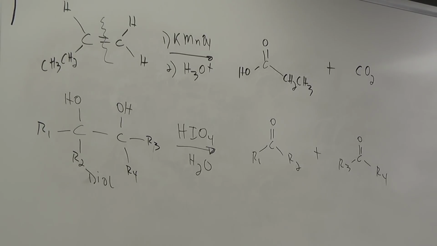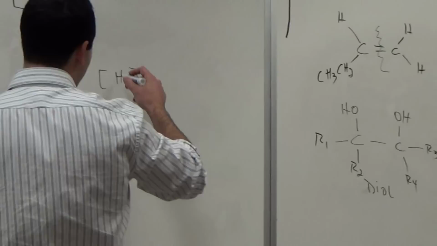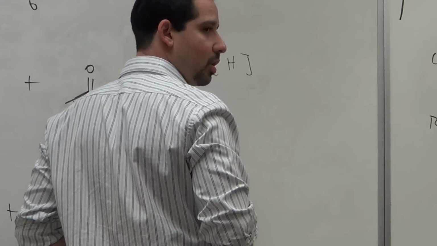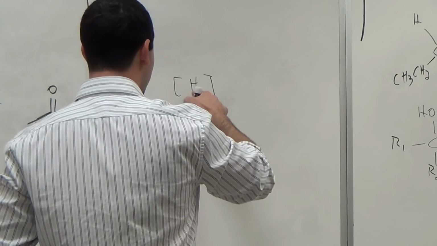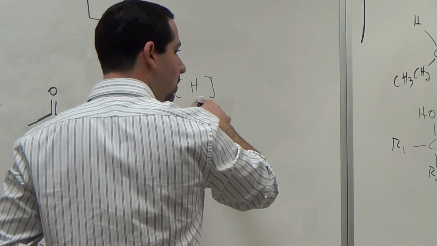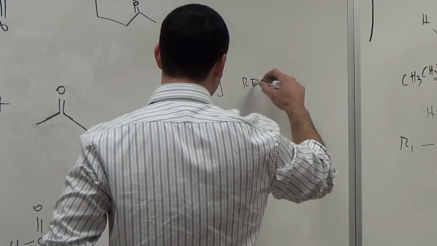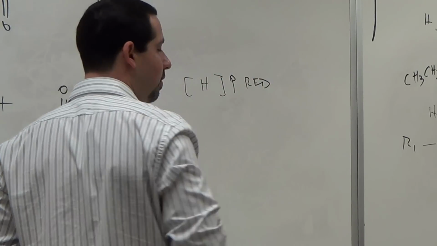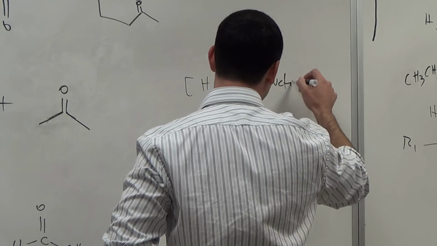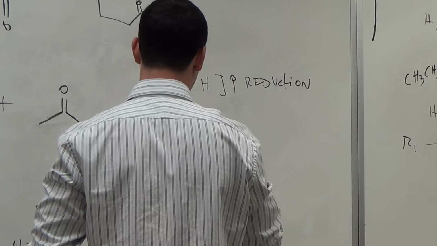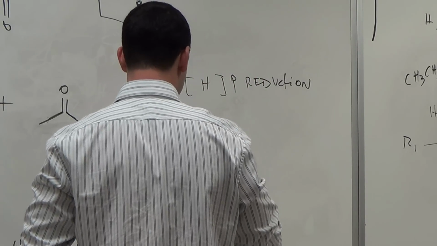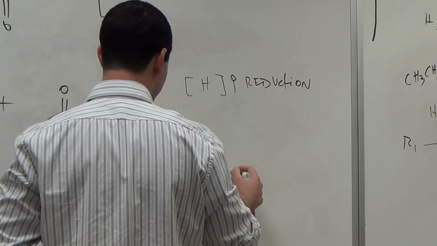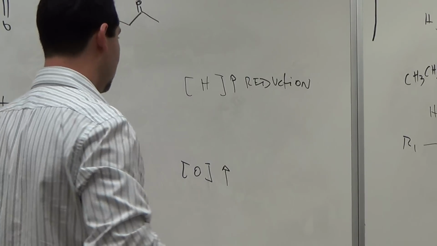Now, I don't know if I explained this before or not, okay? I'm going to explain it now. If the number of hydrogens increases, it's called a reduction. If the number of oxygens increases, what is that called? Oxidation.